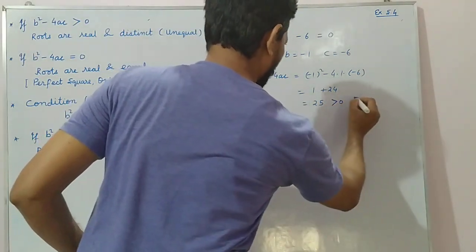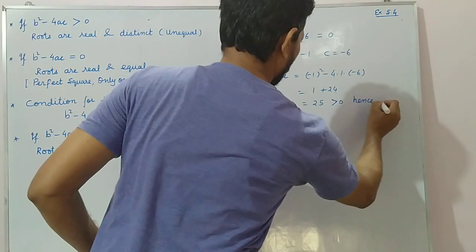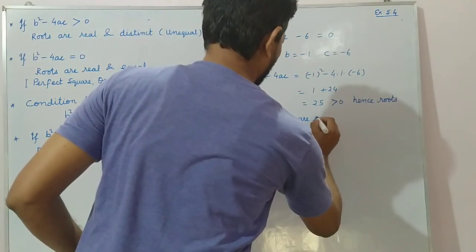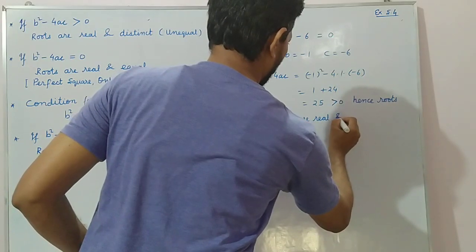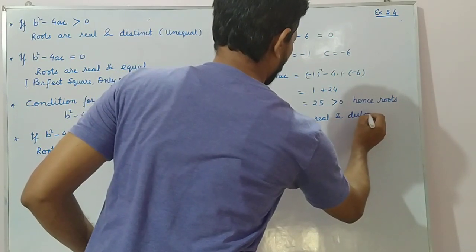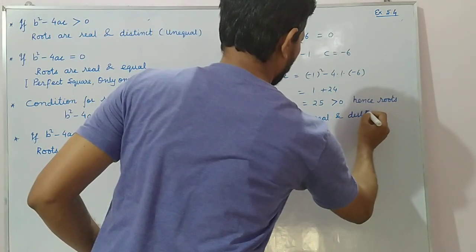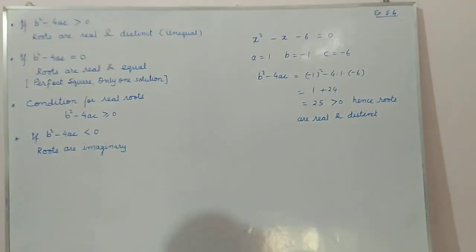Hence, roots are real and distinct. Distinct means what? Two different values you will get. Okay.